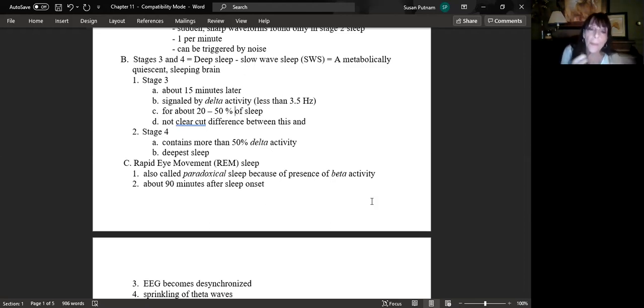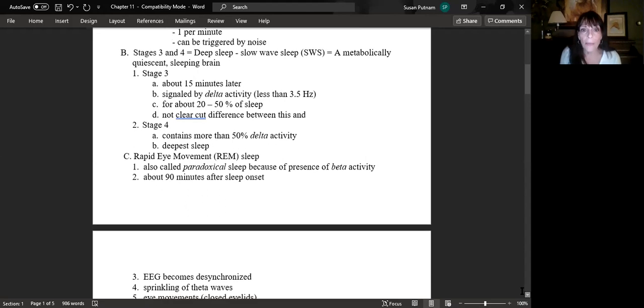Typically, rapid eye movement sleep starts about 90 minutes after the onset of going to sleep. Just sleep 1, 2, 3, 4, REM about 90 minutes later. However, this again varies from individual to individual. And we've seen in some individuals who have clinical depression, they actually enter REM sleep much earlier than others.